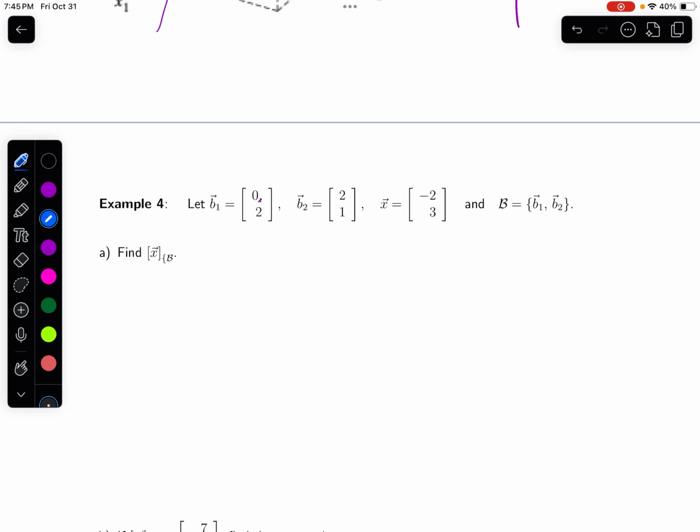So this is the basis for our subspace. It says find x, the coordinate vector of x relative to B. How do we find it? We just did an example like this. We want to see how I can write x as c1 b1 plus c2 b2.